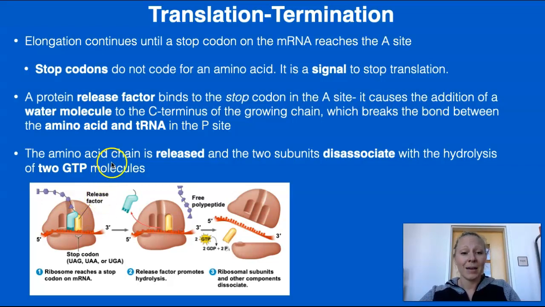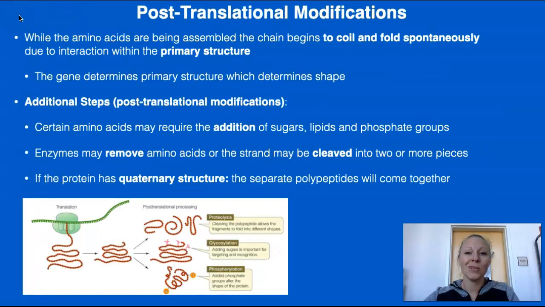So after that, after the amino acid chain is released, the two subunits are going to dissociate, and that's going to cost the cell 2 GTP molecules.